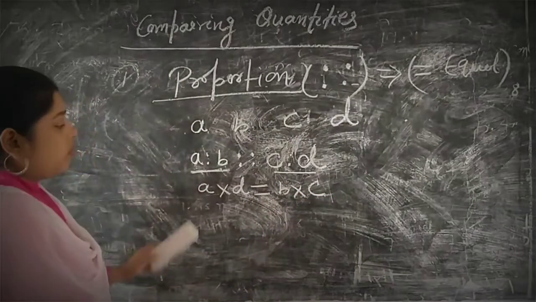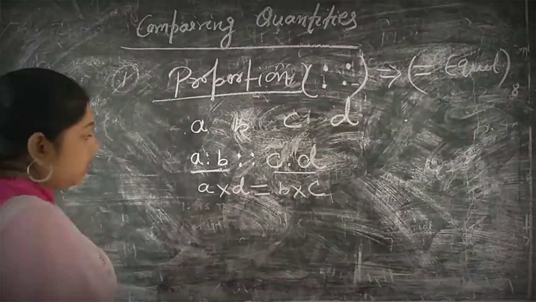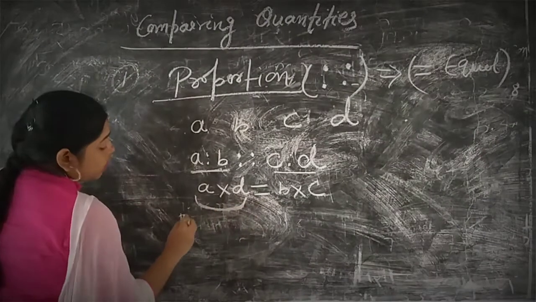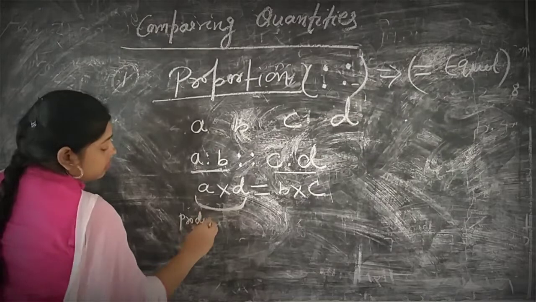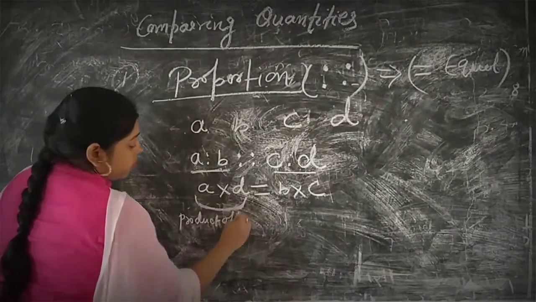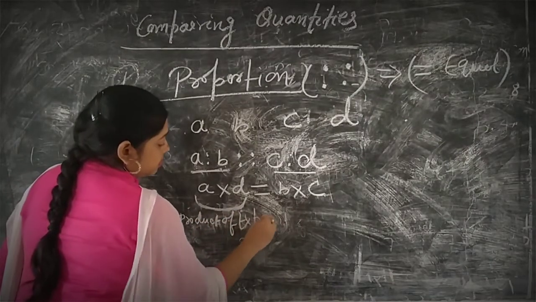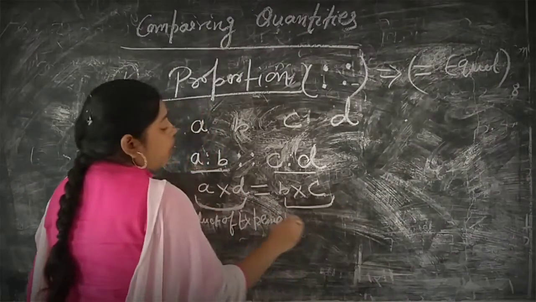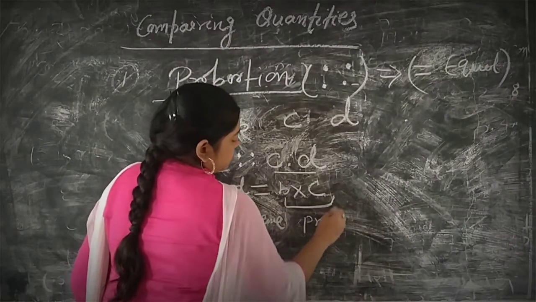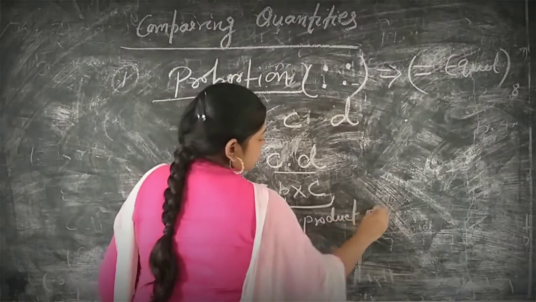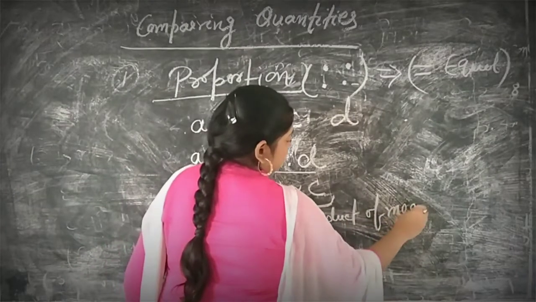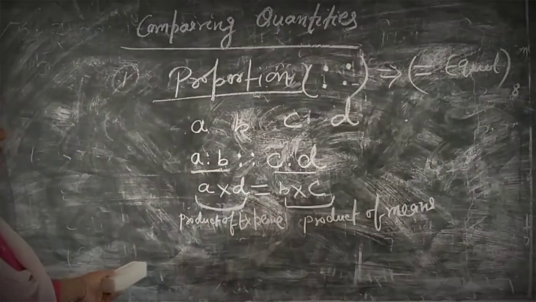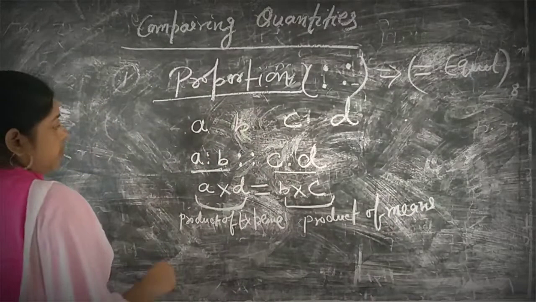A into D is called the product of extremes, and the next is called the product of means.